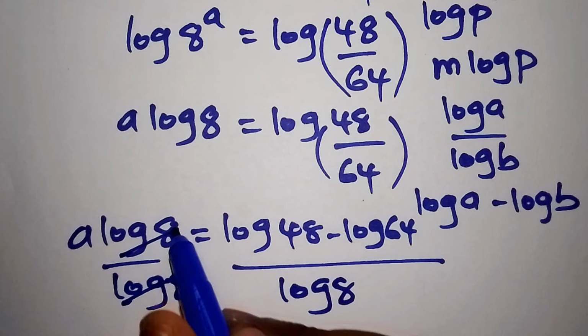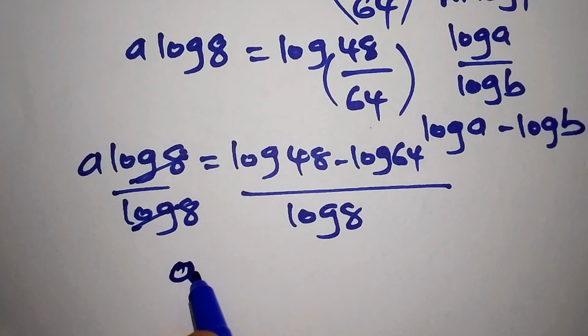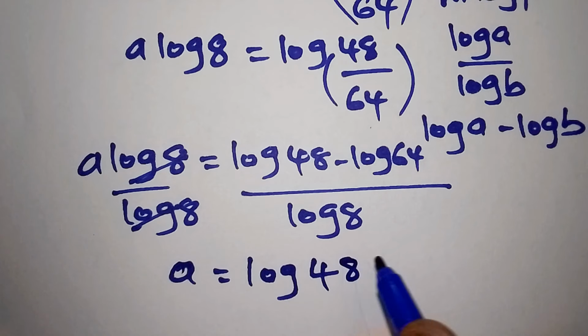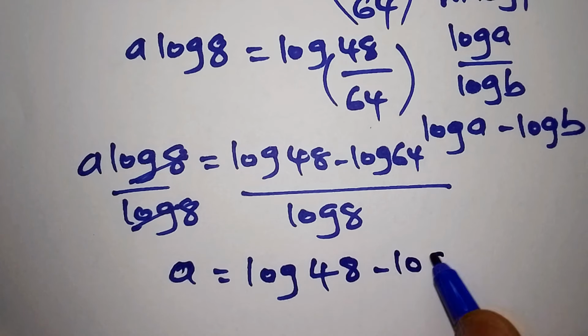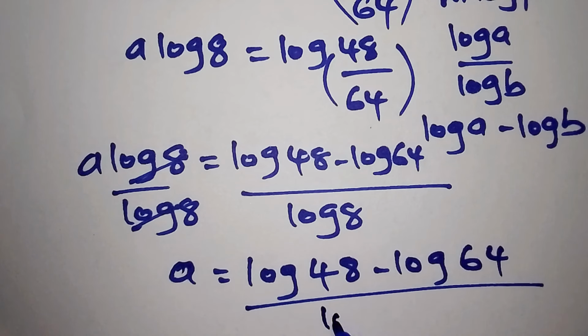So log 8 and log 8 cancel, so the value for a is equal to the log of 48 minus the log of 64, all over the log of 8.